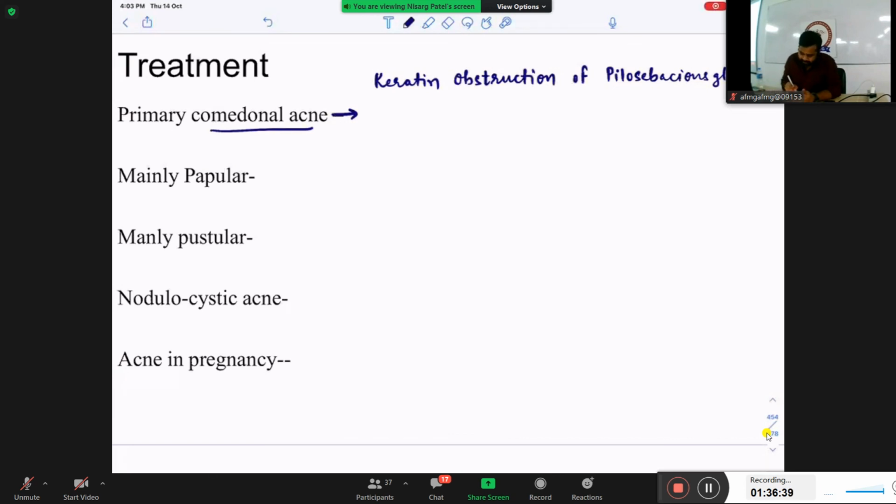So I will give a keratolytic drug. Which drugs are used? We can use adapalene or tretinoin cream. It will help me as a keratolytic. It will remove the obstruction.